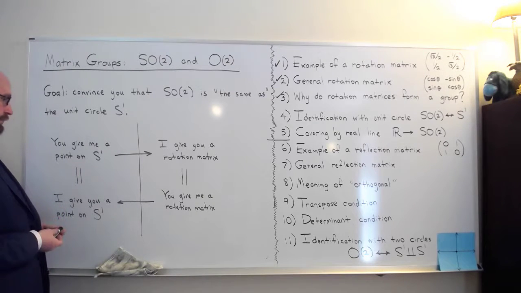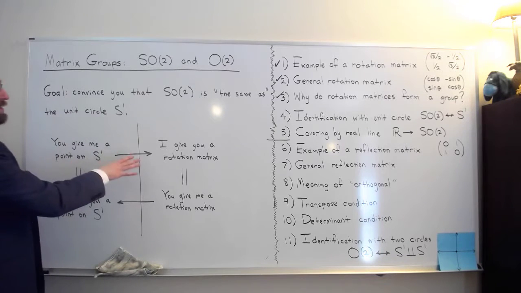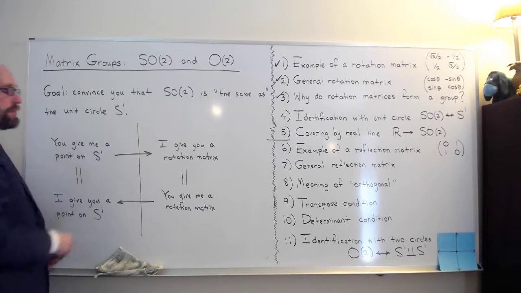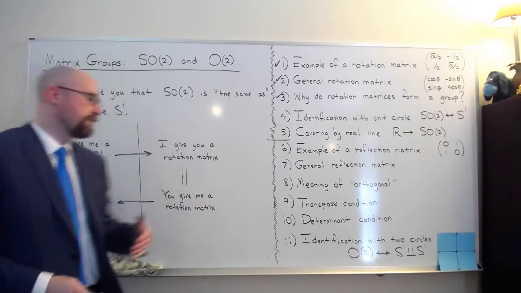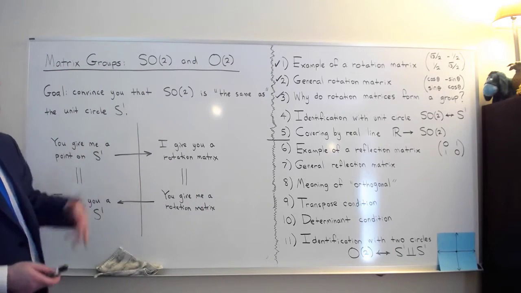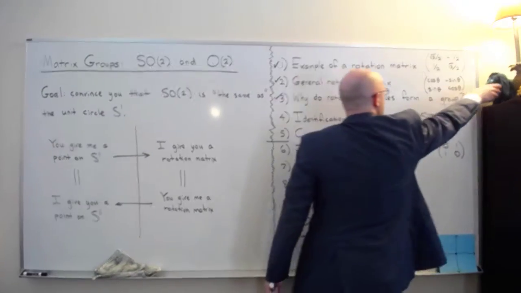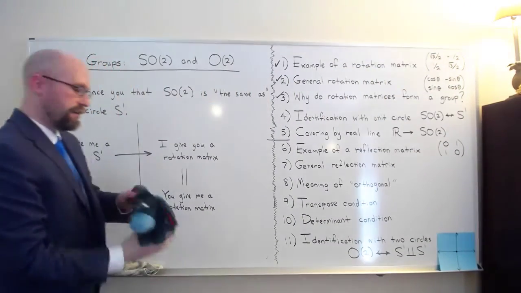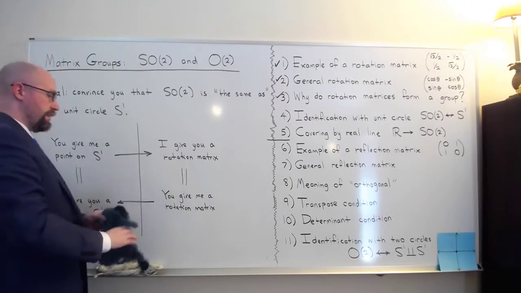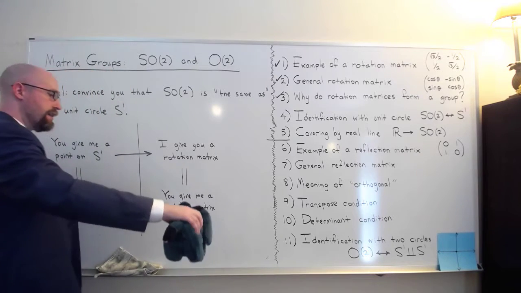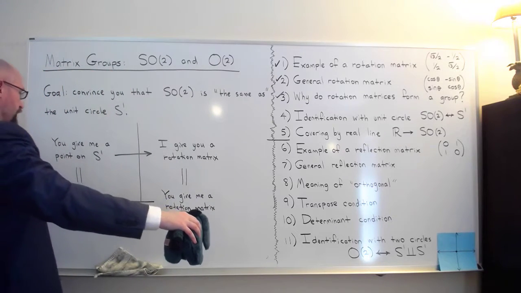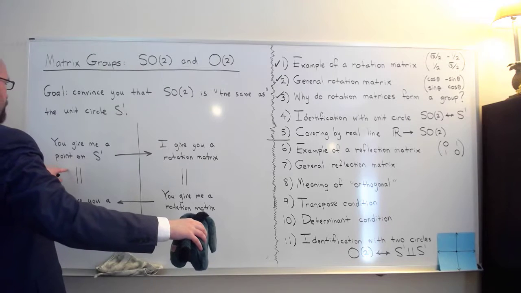Now, when this happens, it means that you can identify the two structures as being somehow the same. So we're going to imagine that the donkey here can only see the rotation matrices, right? And I can only see the unit circle.